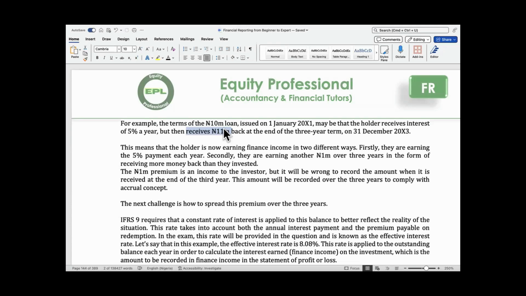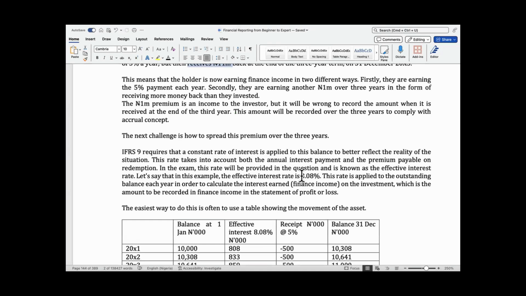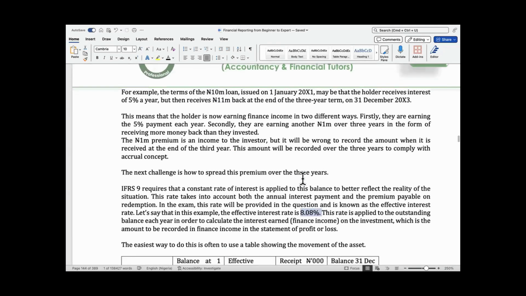So the examiner will give you what we call an effective interest rate. For this particular question I'm showing you, the examiner will have given us an effective interest rate of 8.08%. And this 8.08% represents the entire finance income we are now earning, which is the 5% per annum plus the premium.